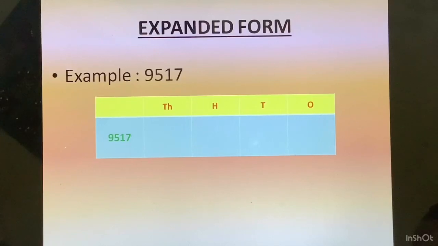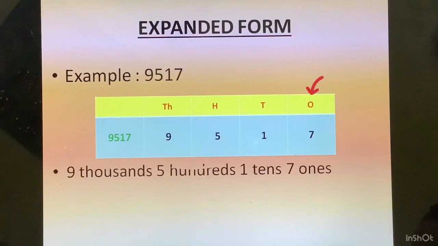Expanded form. I have taken the example here 9517. And when we put it in the place value table, we get the numbers like this. And this is basically 9 thousands, 500s, 1 tens, 1 tens is 10 and 7 ones.